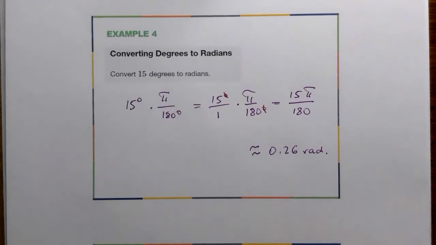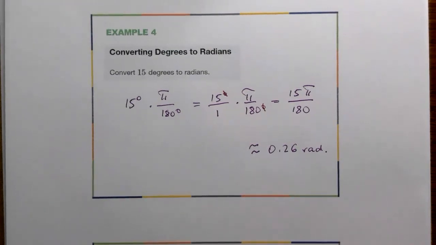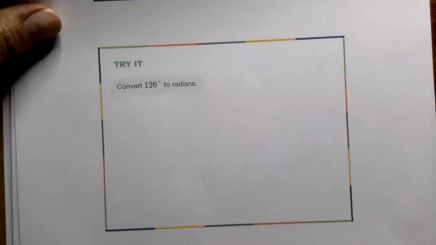So is it greater than half a circle or less than half a circle? Is it greater than a quarter of a circle or less than a quarter of a circle? What do you think? All right, so now the problem that I want you to try by yourself is this.